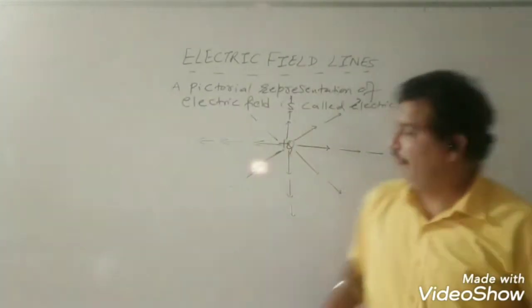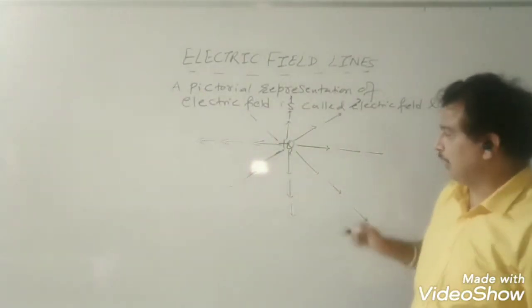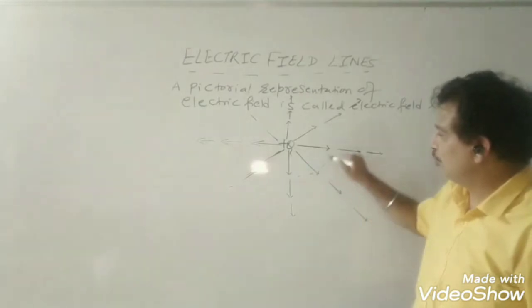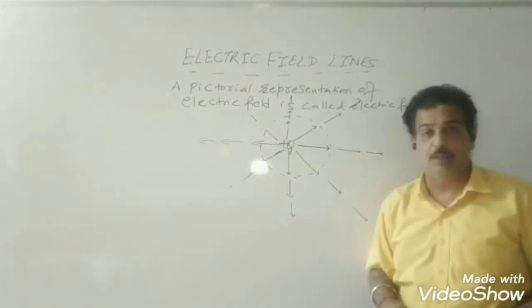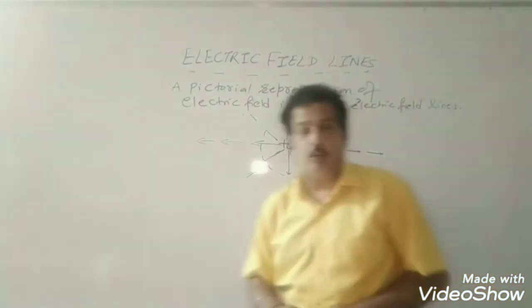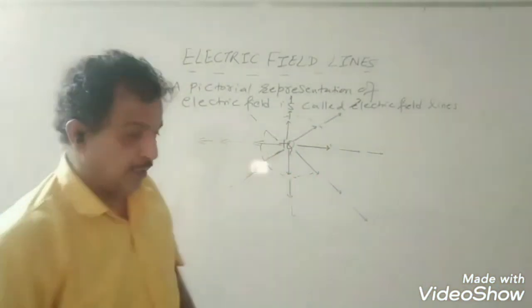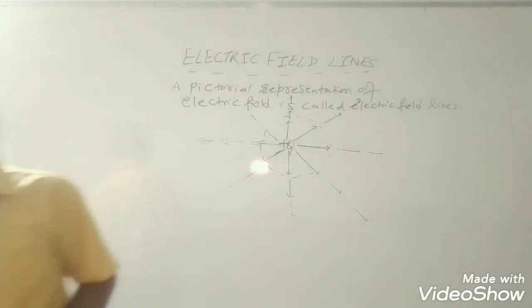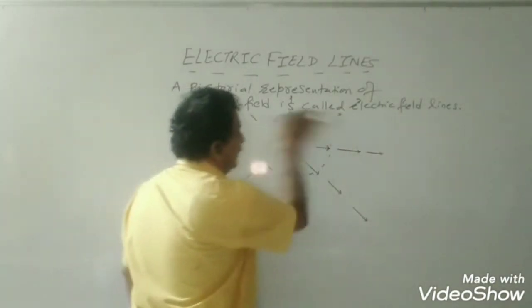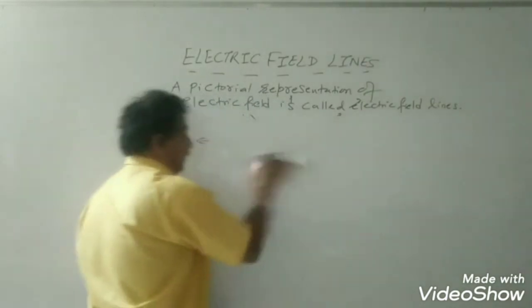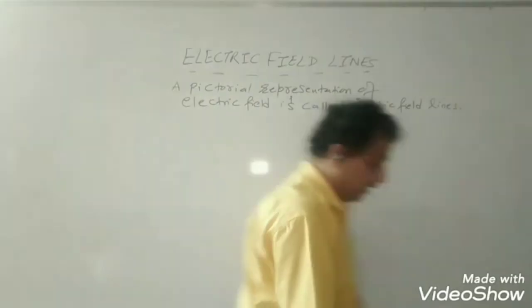And if we join these arrows, suppose I join the first arrow, then as we initially assumed, the shape of the field will be spherical. So what are electric field lines? Again, I am changing the definition now.